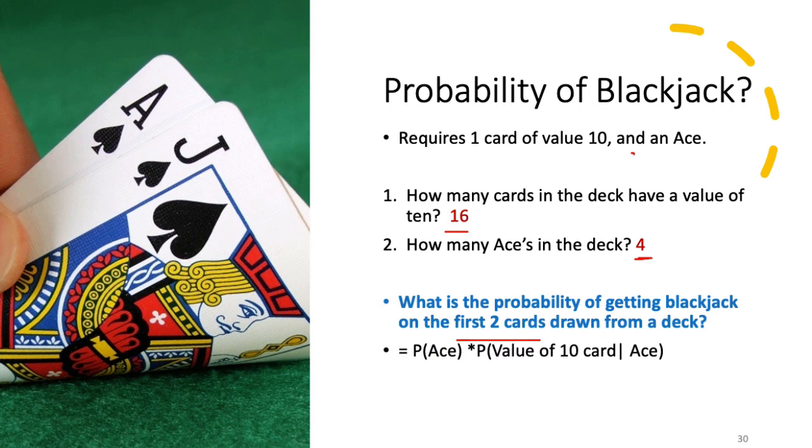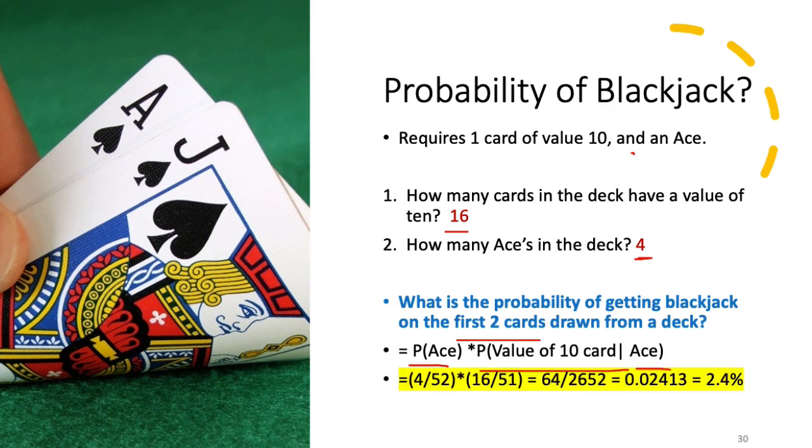So to find that, we take the probability of an ace times the probability of a value 10 card given that an ace was selected. So we have 4 out of 52, which is the probability of an ace, times 16 out of 51, which is the probability of a value 10 card, given that an ace is selected. That's why we have 51 in the denominator. And the answer is the probability of receiving blackjack on the first 2 cards drawn from a deck is 2.4%.